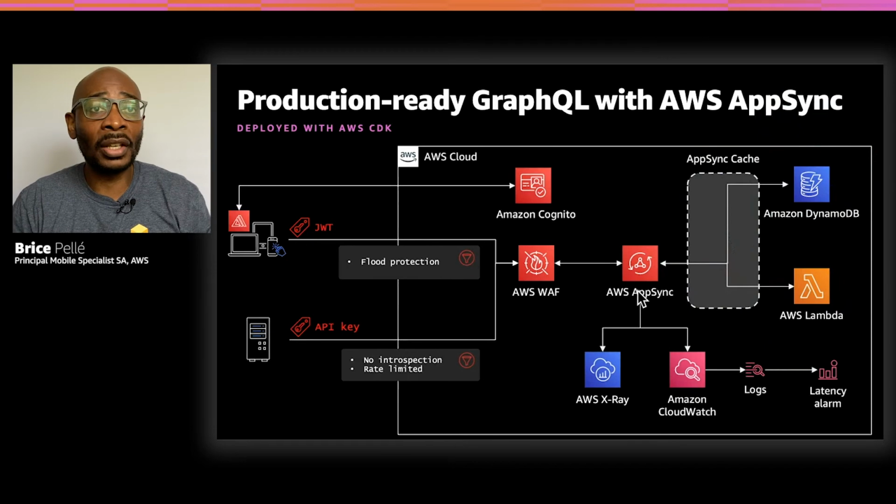And then we have AppSync integrating with AWS WAF, where you have WAF protecting your AppSync API with flood protection, rate limiting, and blocking introspection queries. So this is something that you can build with AppSync and with the different services that interact with AppSync, and it's something that you can deploy fairly easily with the AWS CDK.